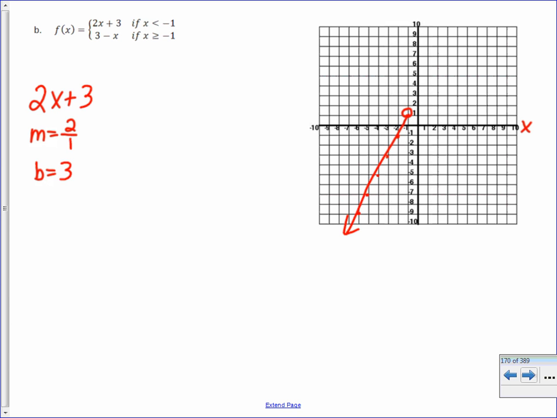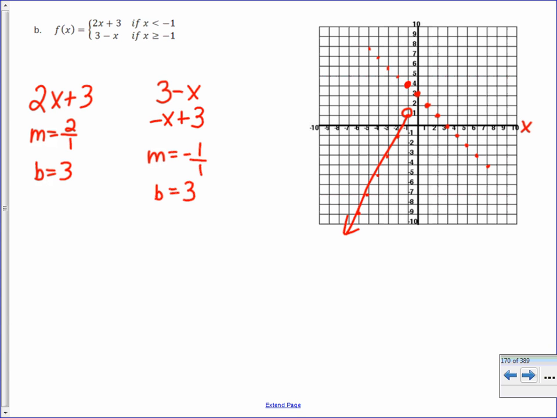When I take a look at my next equation, 3 minus x is the same thing as negative x plus 3. My slope is going to be negative 1 over 1. My y-intercept is 3. I start at the positive 3 and I'm going down 1 to the right 1. And that would be my line. My restriction, x is greater than or equal to negative 1.